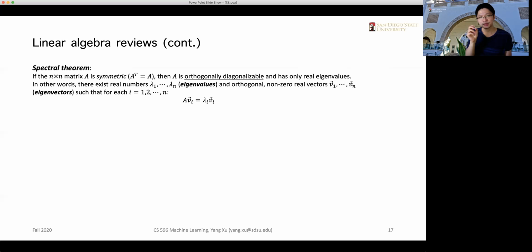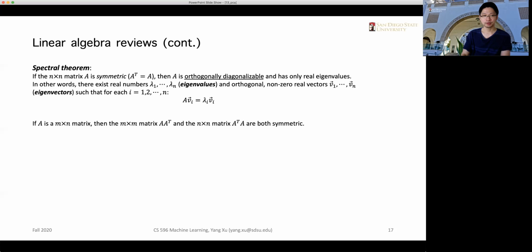That means there exist some real eigenvalues lambda 1 to lambda n, and the eigenvectors are orthogonal, which means if we take any two of those eigenvectors, their inner product is 0. Okay, so that is a very important property that we're going to utilize.